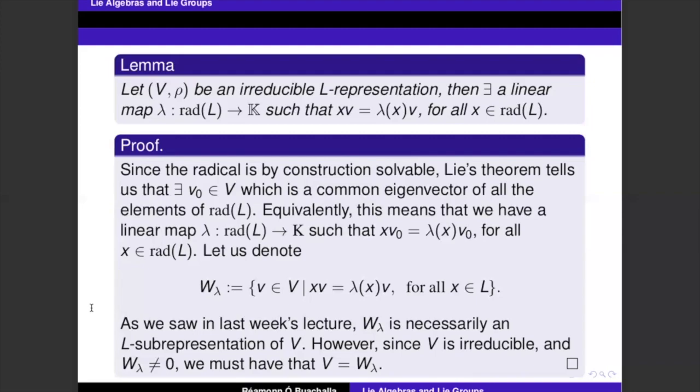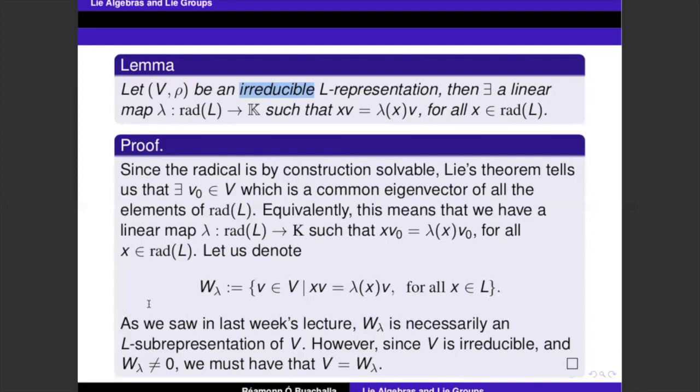But now, remember we assumed that the representation is irreducible. So that means that this is an L submodule of V. But it's irreducible, so the only submodules are 0 and the whole space itself. We've observed that it's not 0. It can't be 0 because V0 is in there.